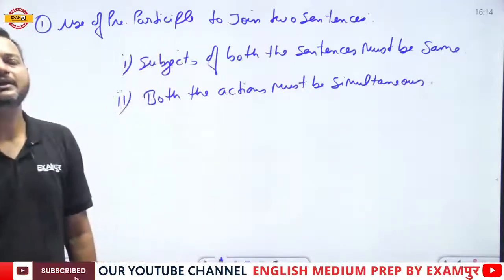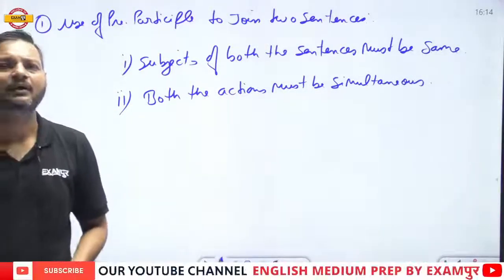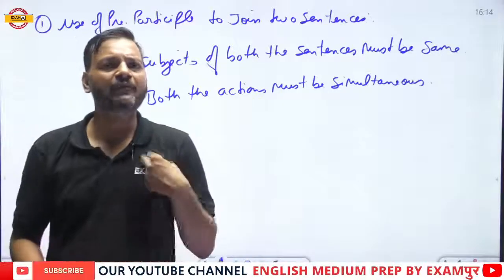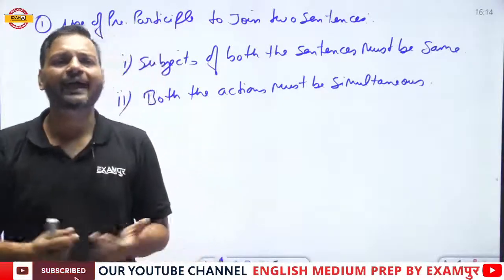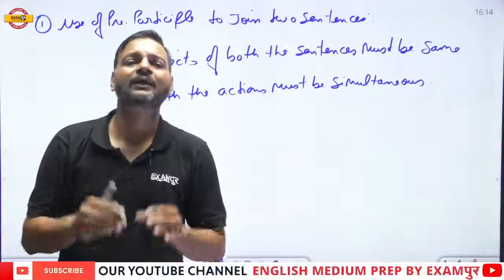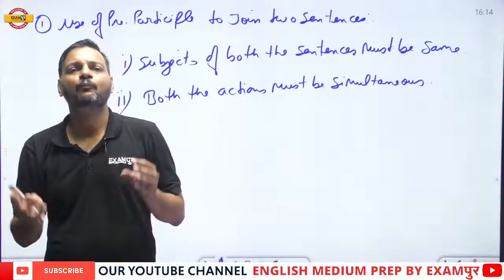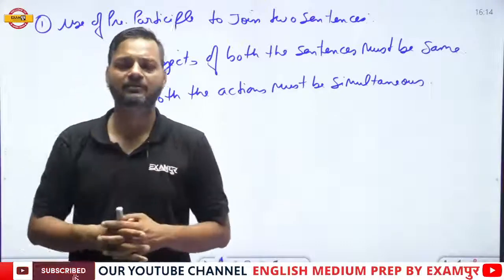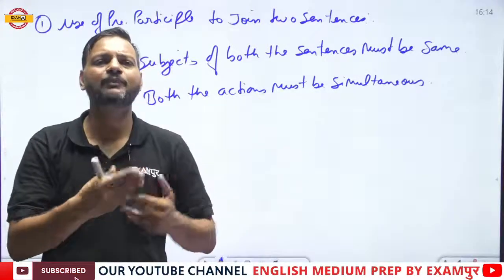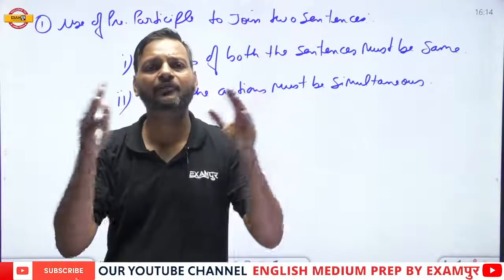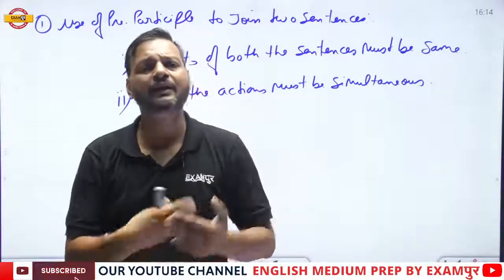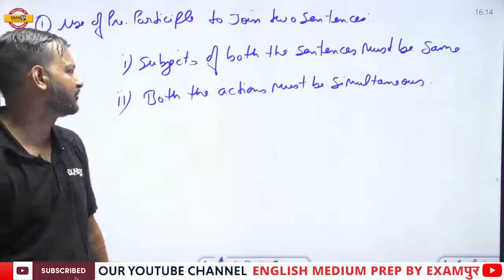Simultaneous means if we have two sentences, that means there are two actions. To use the present participle, it is mandatory that both the actions must be simultaneous. The actions should not occur one after another. They should occur simultaneously. Only then you can use a present participle.